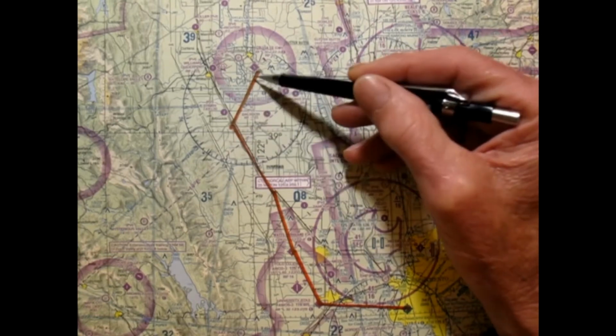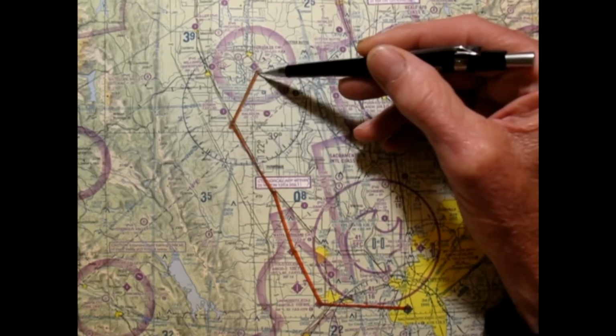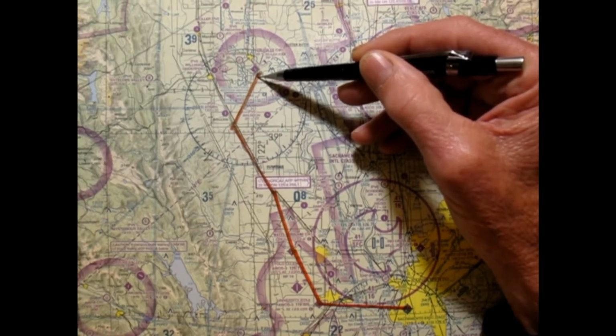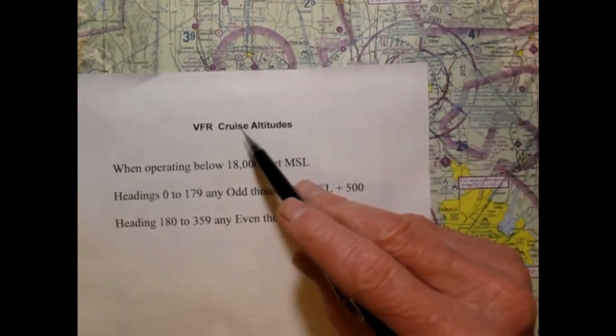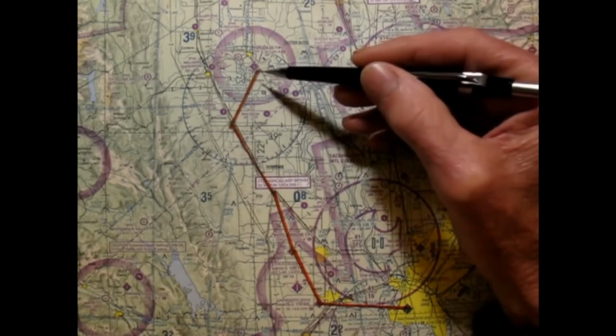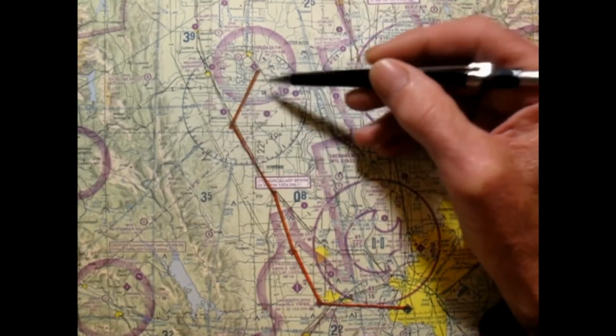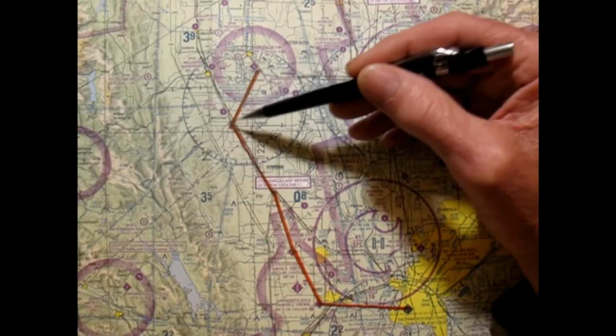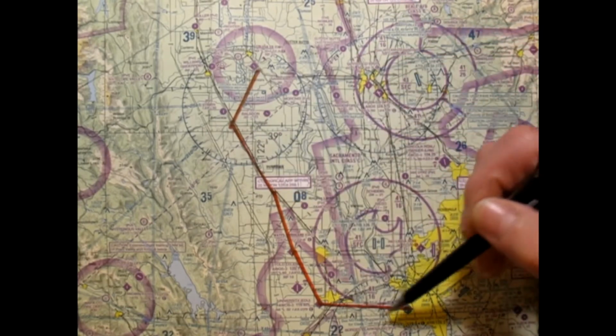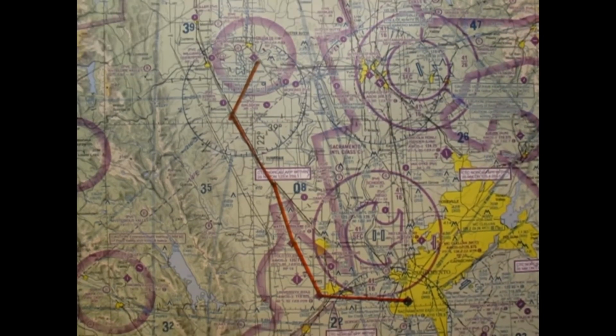So that doesn't really count for our altitude that we wanted to determine, because remember, these are cruise altitudes. And at this point, we are still climbing. So what we want to concern ourselves with is the altitudes for the rest of the flight.